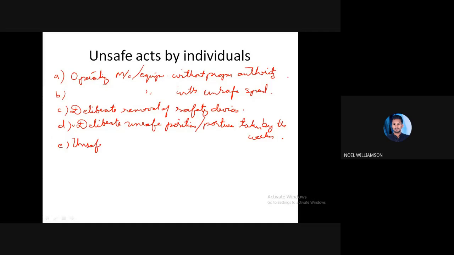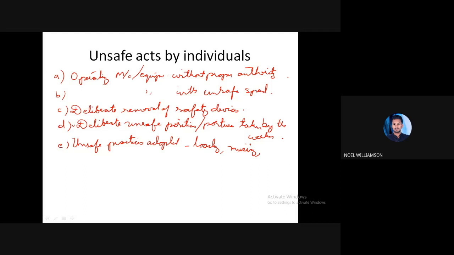Unsafe practices adopted in processes like loading, mixing. Suppose for mixing, if you are using your hand itself, then it may create some accidents. There are certain standard procedures for mixing.